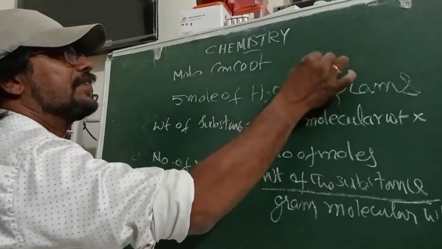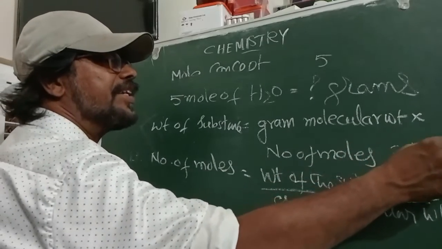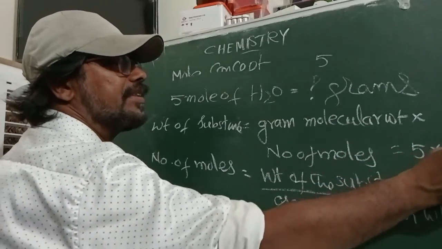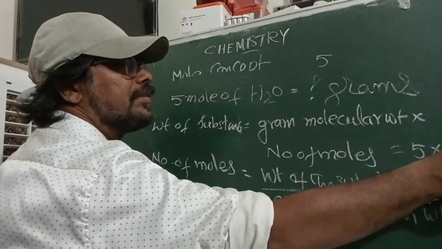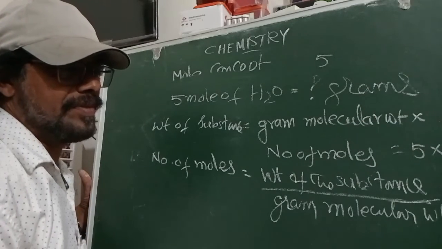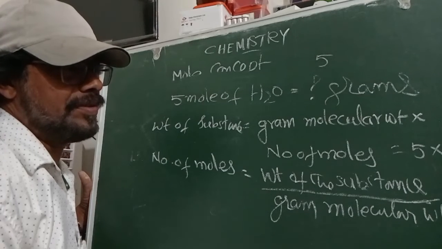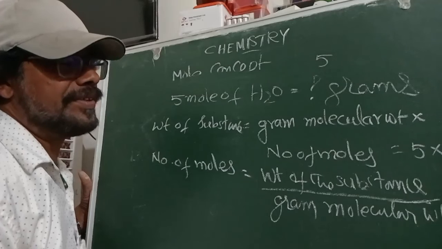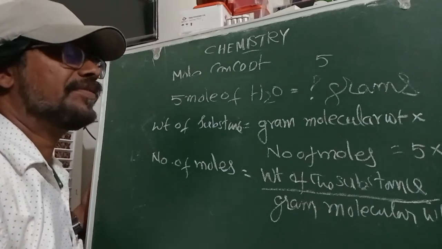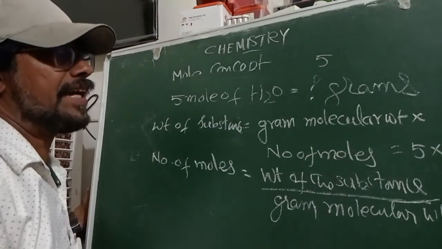According to this formula, that is equal to 5 into 18. That is 90 grams.